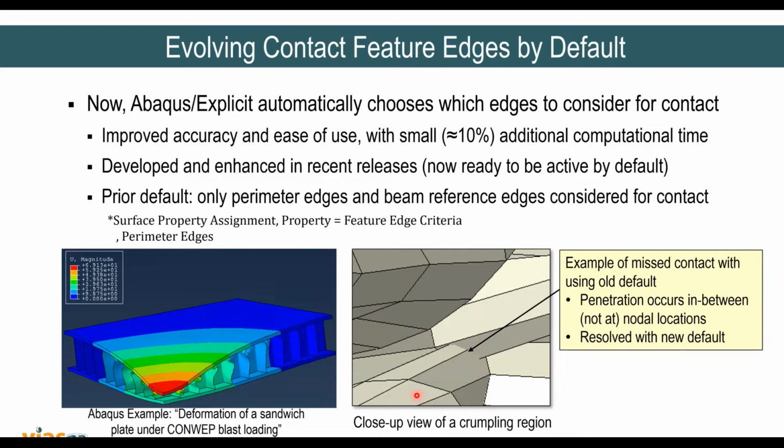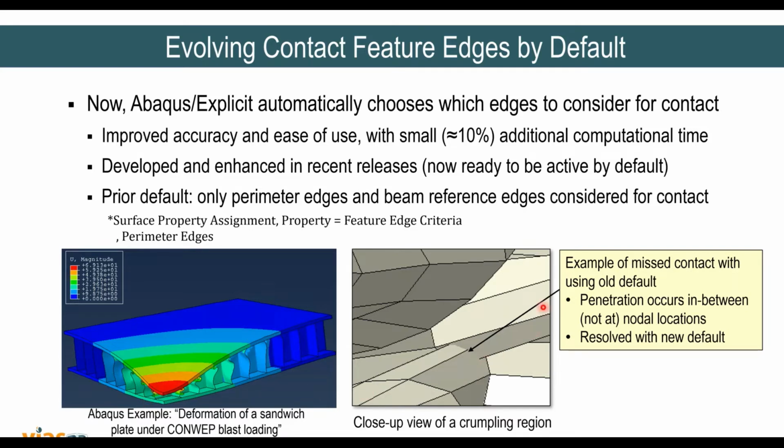So if you look at this particular example, this is deformation of the sandwich plate under blast loading. There's a heavy deformation at the center, and new feature edges are being formed during the course of the analysis.